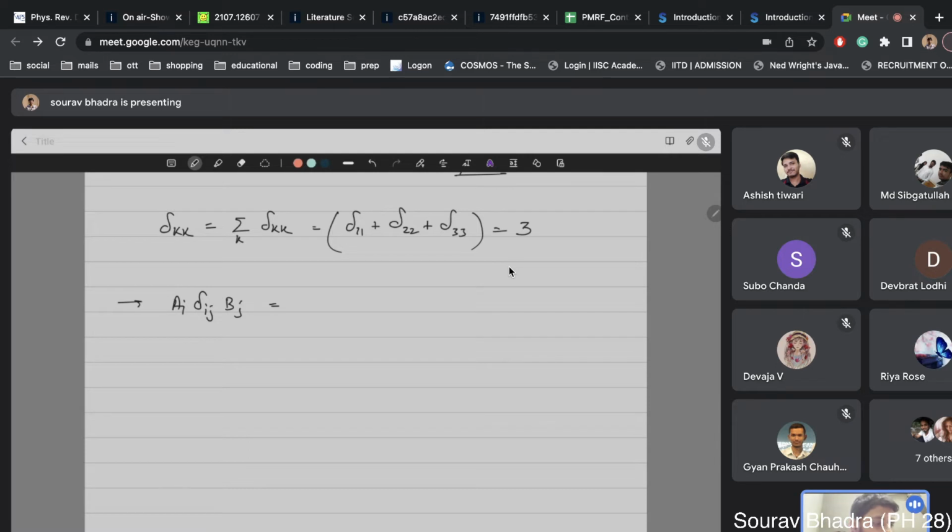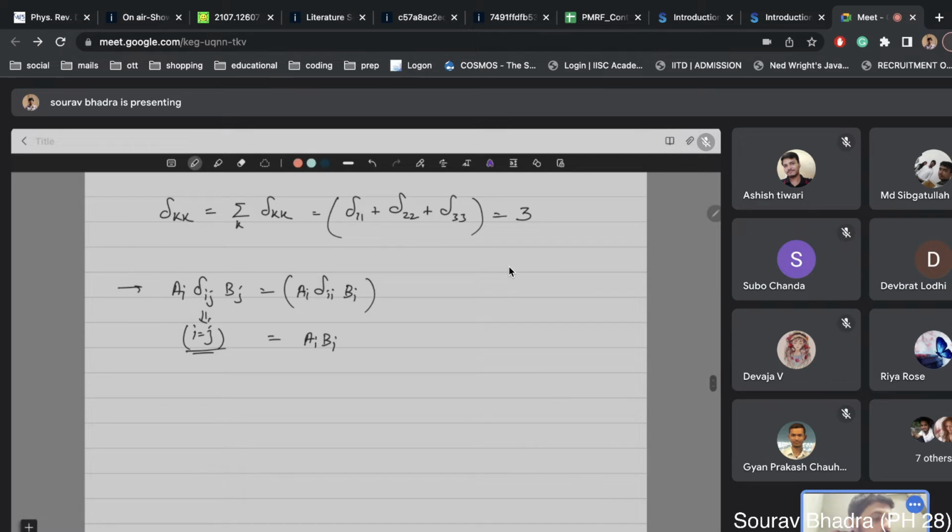Here i is repeated and j is repeated, that means there is a sum over i and j, and only those delta functions exist for which i equals j. All the other delta functions will be 0. That's why we can write it as ai delta ii bi, with i equals j. That means ai bi, because delta ii is equal to 1.